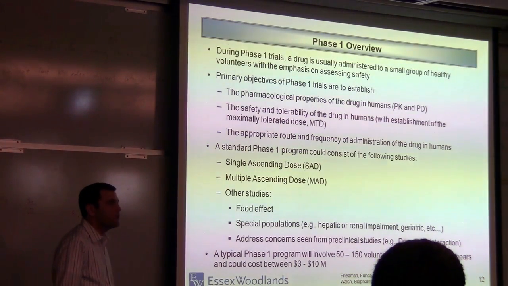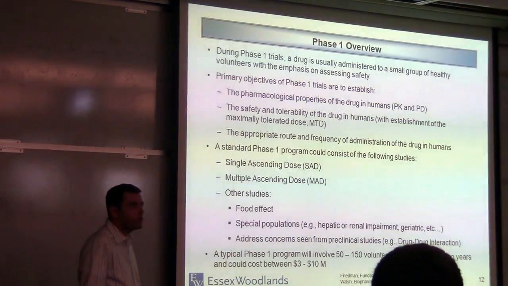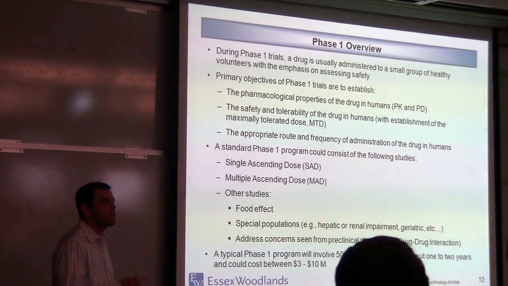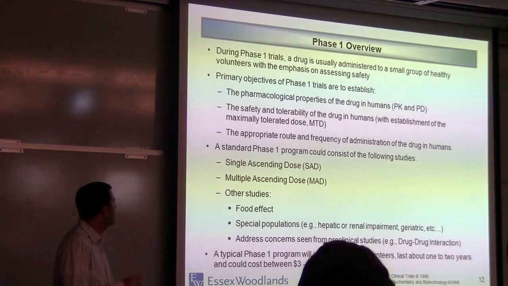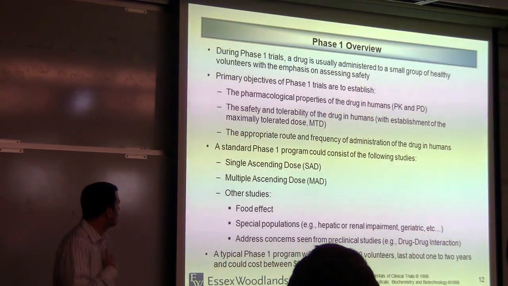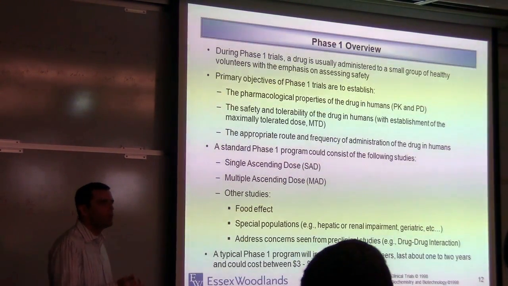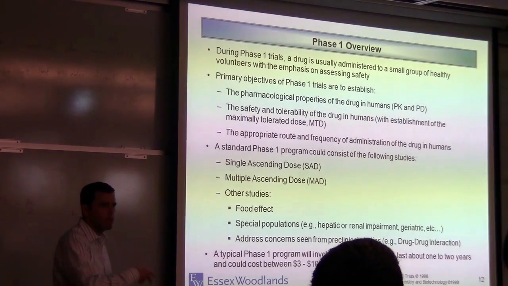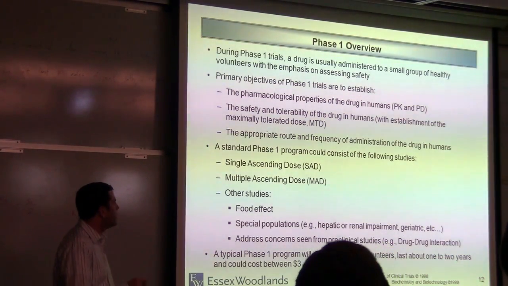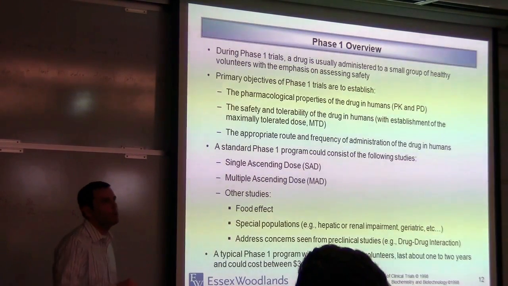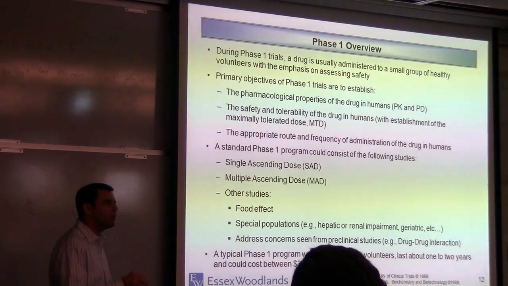It's a very controlled process. It starts with single ascending dose studies, SAD studies. If that looks good, you move on to multiple ascending dose studies where you start exposing patients for a longer period of time. And I have some examples of what these studies look like. And there's some other studies that go along here as well. You might be doing food effect studies to see what happens if you take it with food or without food. Depending on the indication you're going for, you may also go into special populations in phase 1.